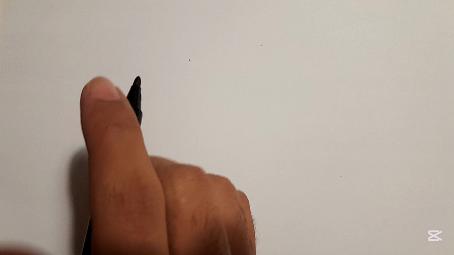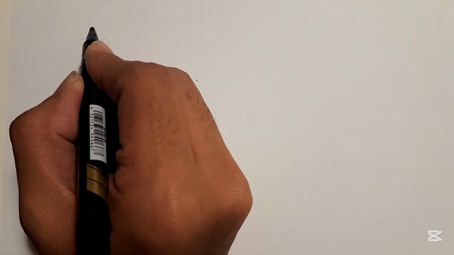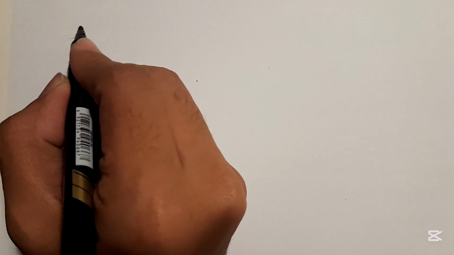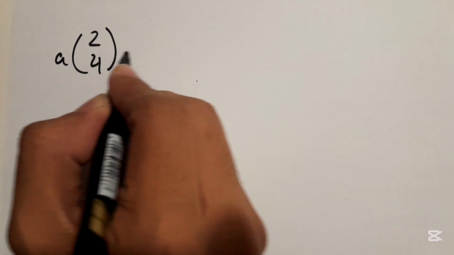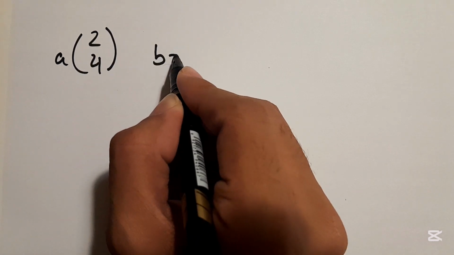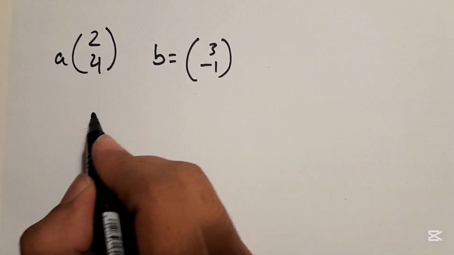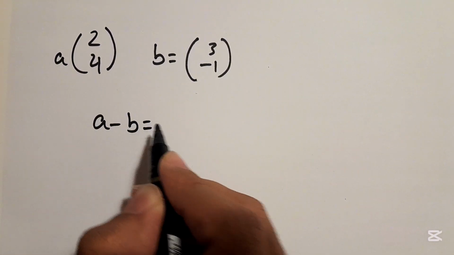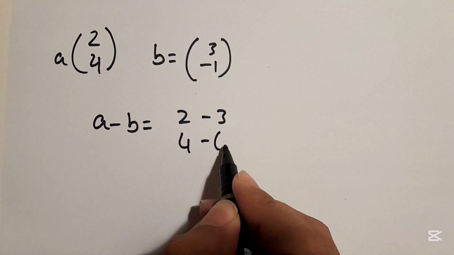Using the same values as in the previous question, we will now subtract the vectors. For example, if we have a which is (2, 4), and b which is (3, -1), we have to subtract these, and we will write a minus b is equal to 2 minus 3 and 4 minus minus 1.